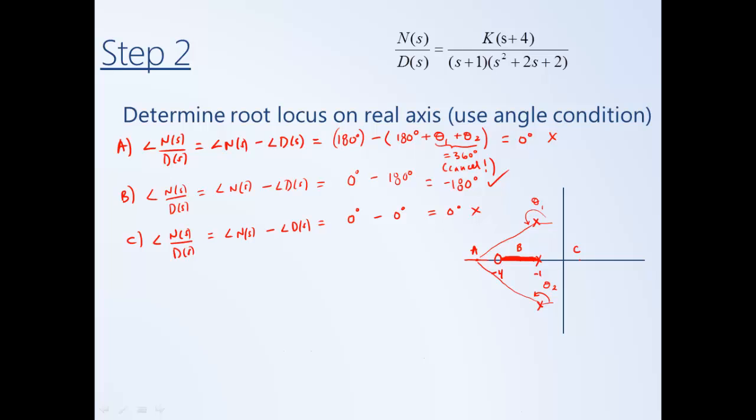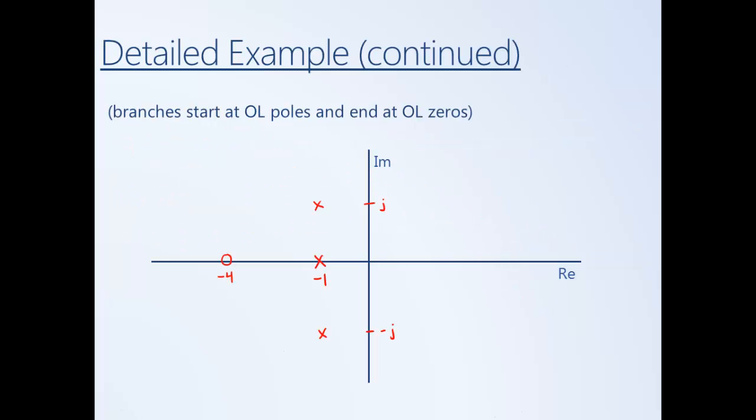So going back to our previous slide, we have that our root locus includes this portion of the real axis. So there are values of k for which we can place closed loop poles in this region. So we can have closed loop poles that are real valued in between -1 and -4. But we can't have real valued poles that are greater than -4, and we can't have real valued poles that are less than -1 or greater than -1.